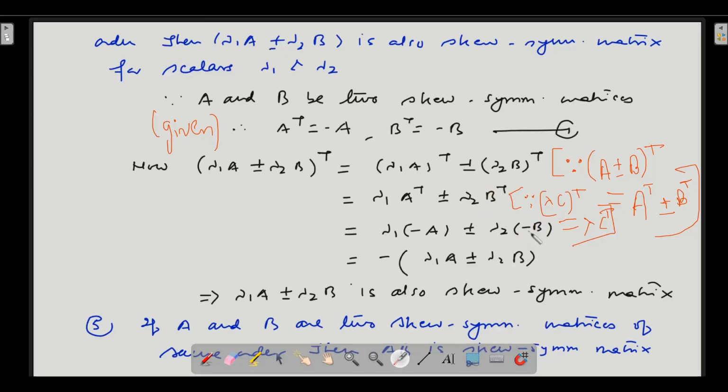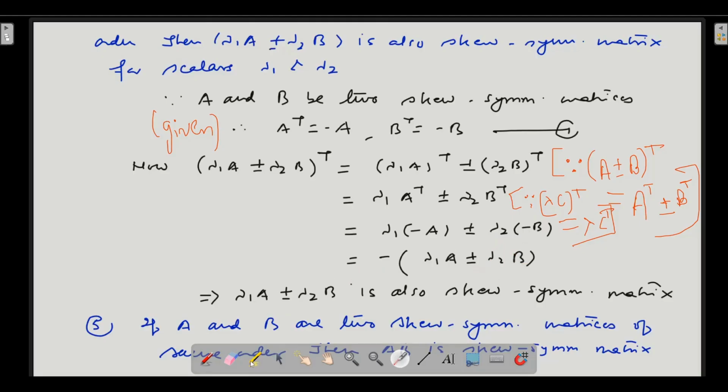Now in this expression you can take the minus sign common out of both terms. So the minus sign is taken outside, and the rest of the expression is λ₁A plus minus λ₂B.